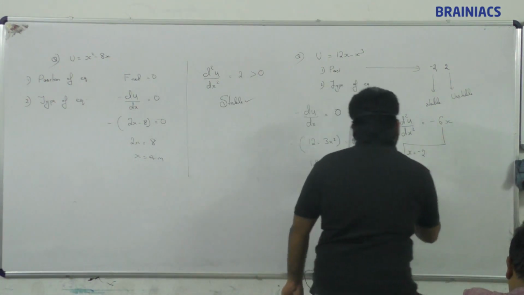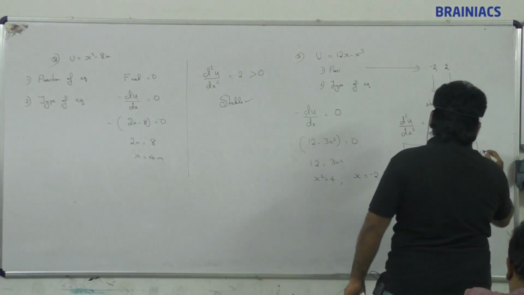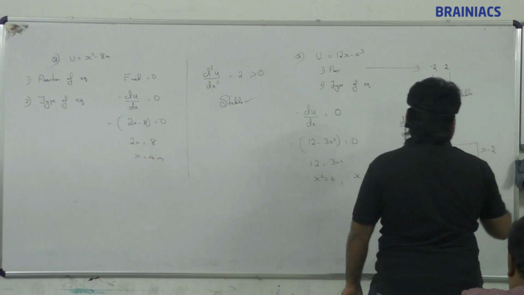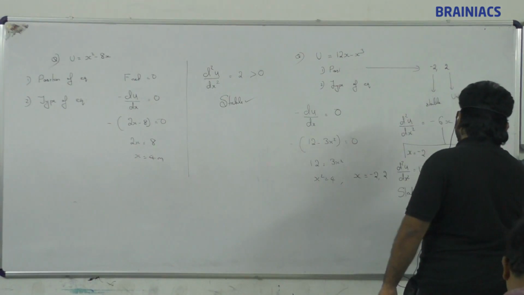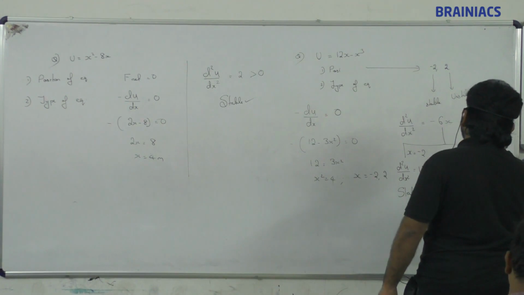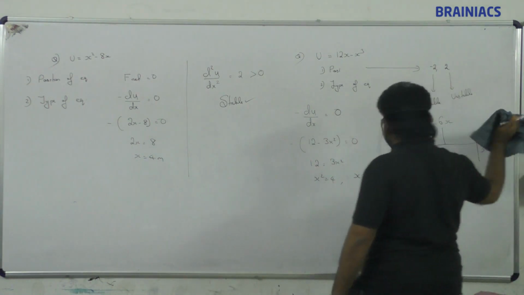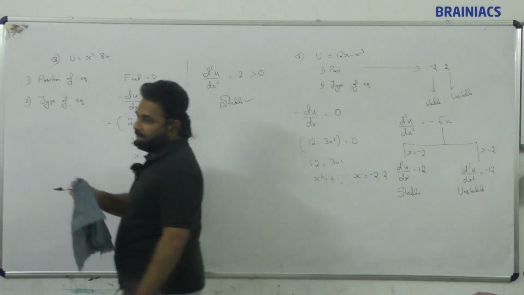So this is stable. Same way, if x is equal to 2, what will happen? D square u by dx square is equal to minus 6 into 2, minus 12. So this is unstable. So in this way we will have to handle them very carefully. Okay, clear?